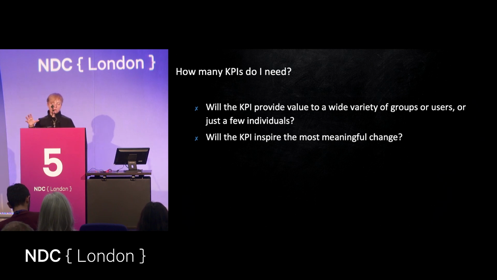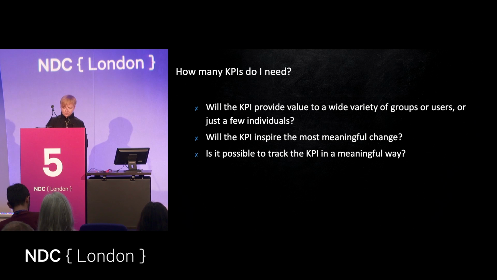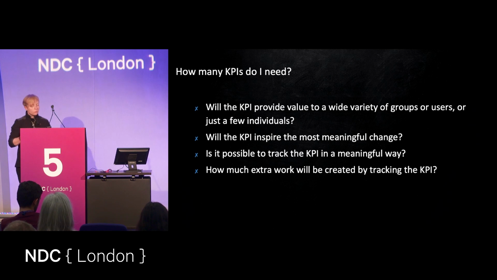And we will see some examples of that. Is it possible to track the KPI in a meaningful way? Because obviously, if you would spend another half of the budget just for tracking KPIs, then DevSecOps is not successful. And how much extra work will be created by tracking KPIs?